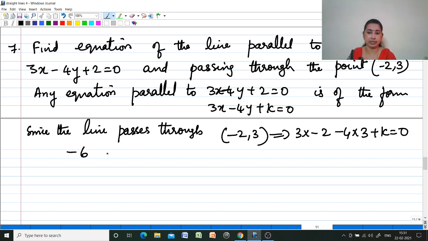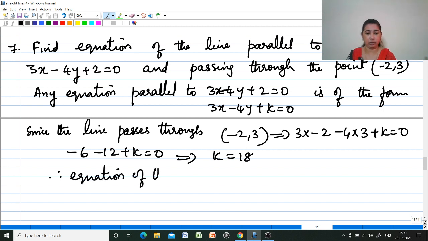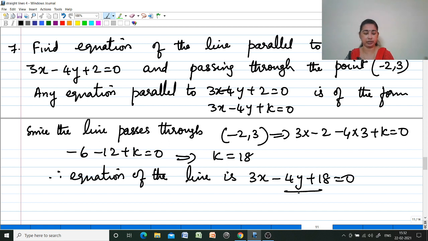That is minus 6 minus 12 plus k is equal to 0, so we get the value of k, that is k is equal to 18. Therefore the equation of the line is 3x minus 4y plus 18 equal to 0.